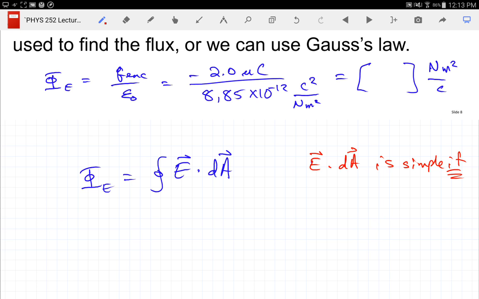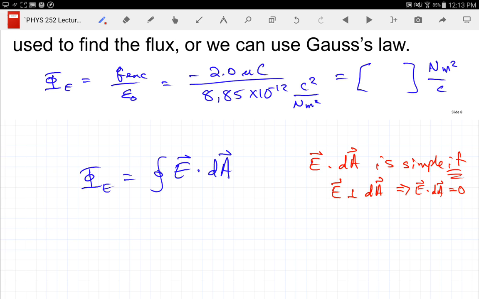If they are parallel or perpendicular. Okay, I'm going to start with if the electric field is perpendicular to dA, then E dot dA is 0. That clearly is simple, so that is one of our exploitable symmetries, if we can find a surface where E dot dA is 0 because they're perpendicular.